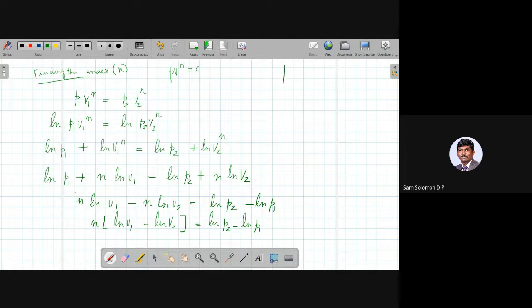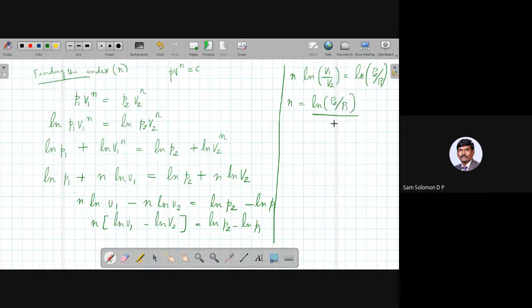And according to the logarithmic rule, we can write this as n of ln V1 by V2, which is equal to ln P2 by P1. And so if I want to find the value of n, it is ln of P2 by P1 divided by ln of V1 by V2. Is that clear?